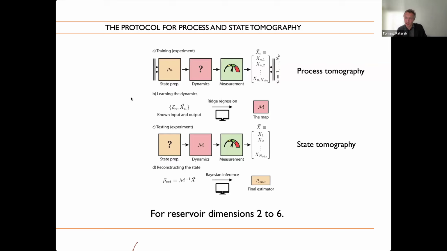Yvonne's lab has pretty nice control over a certain set of input states that they can prepare, and there are sufficiently many of them to really allow you to learn the dynamics that happens to them.